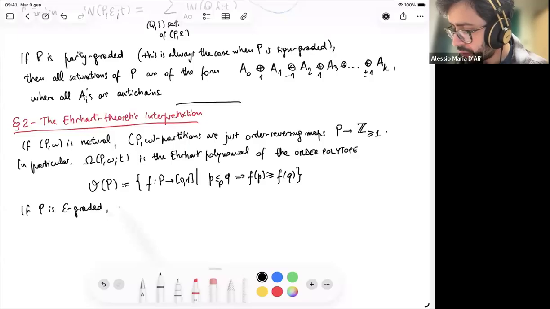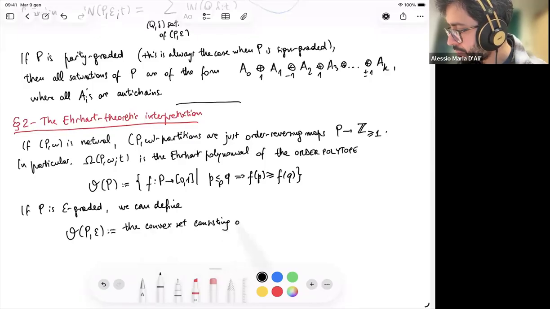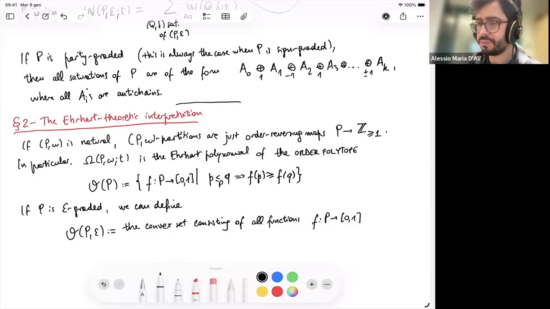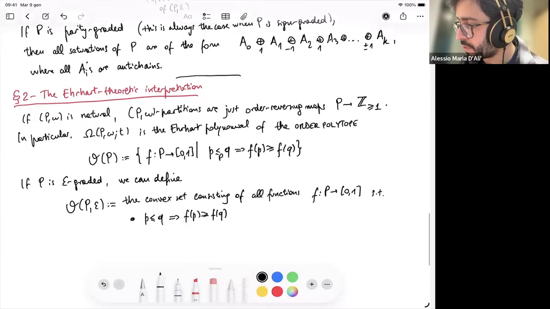So you can define this new object as the convex set that consists of all those functions from P to [0,1], same as above, such that, on the one hand, I still want the order reversing business, so that's just the same as before.